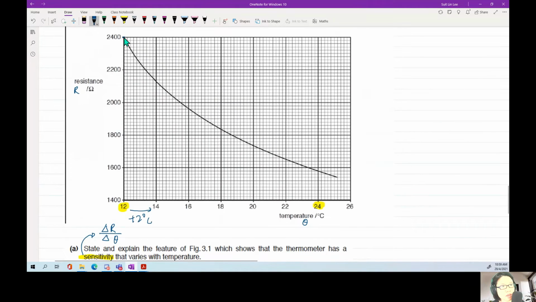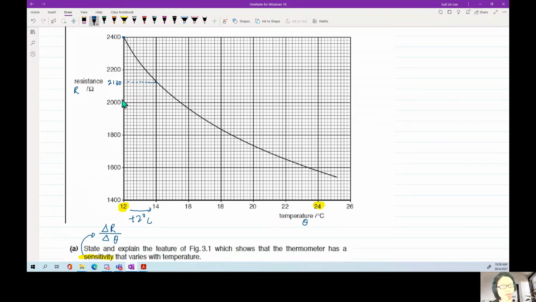Resistance will drop from 2400 ohm to about this value, which is 2130 ohm.